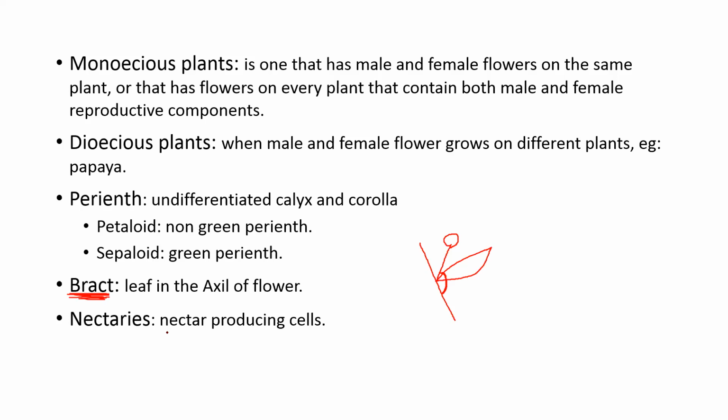Nectaries are the nectar producing cells, the cells which produce nectar. Nectar is a sweet fragrant liquid which is used to attract insects. Insects are attracted toward the sweet fragrant liquid. They sit on the plant and suck the nectar, and as a result, they help in cross pollination.